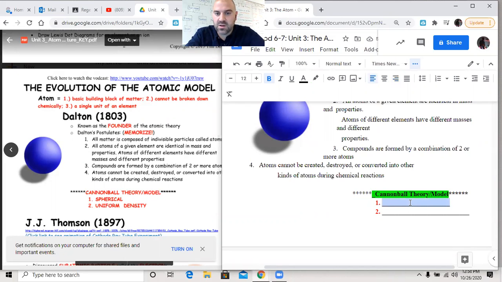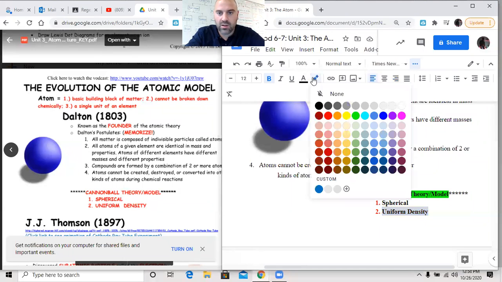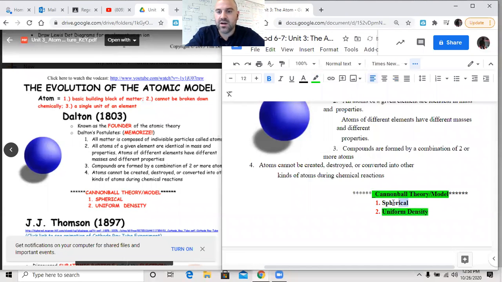We're going to look at the evolution of the atom with pictures as well. It was spherical, like a circle, like a cannonball, and it had uniform density. So it was circular and the same throughout, just like a cannonball or a bowling ball. It's the same consistency throughout.